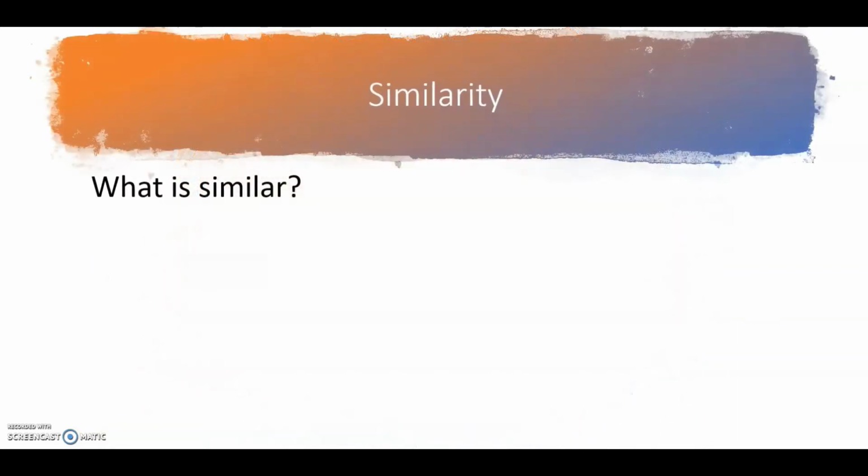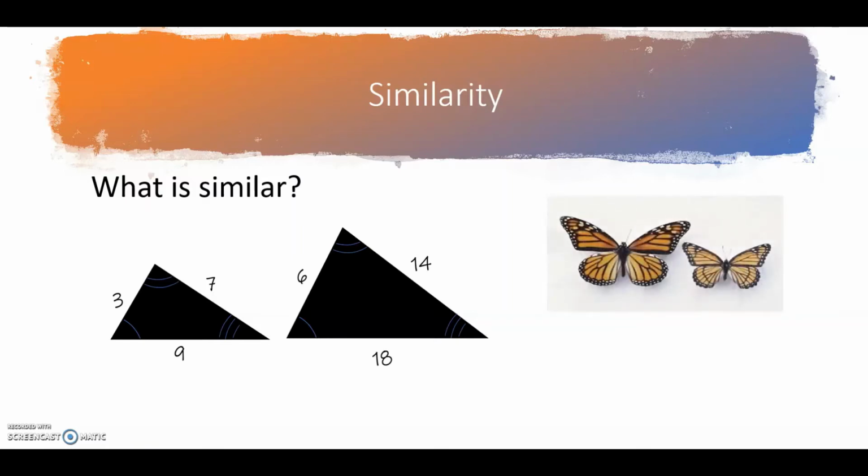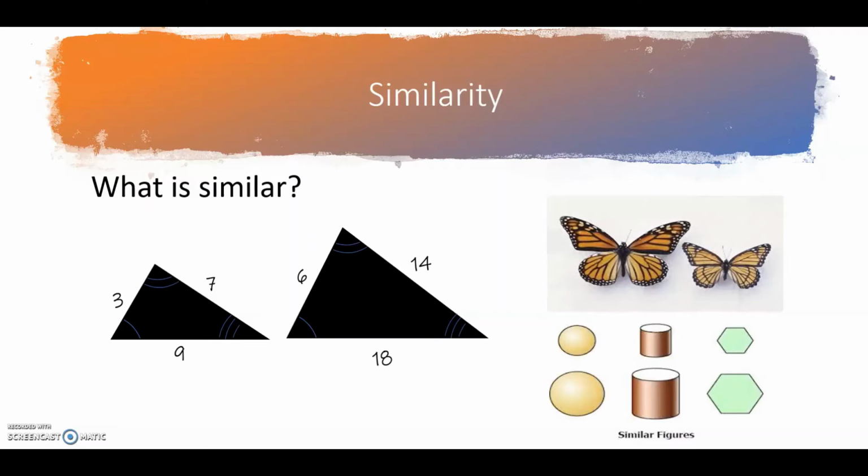So let us first define what is similar. By just looking at the objects or pictures, say you have two triangles, two butterflies, and a pair of similar figures such as circles, cylinders, and hexagons.